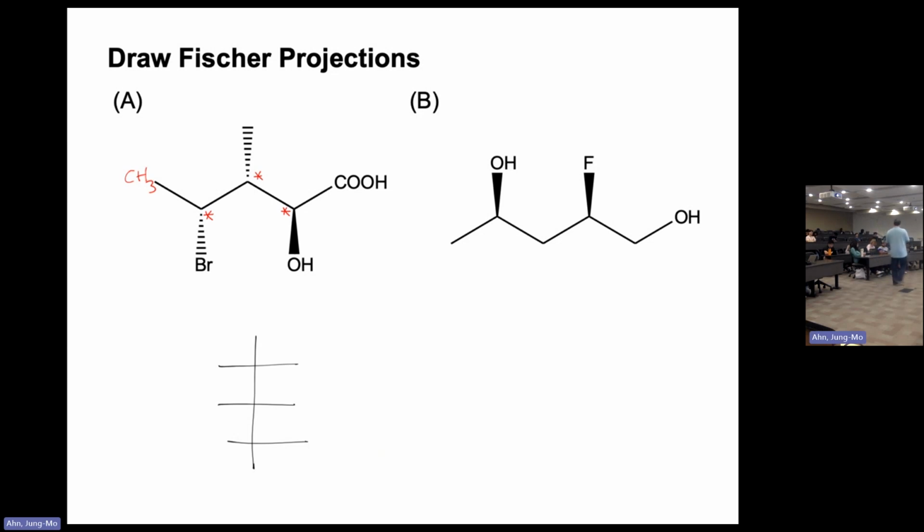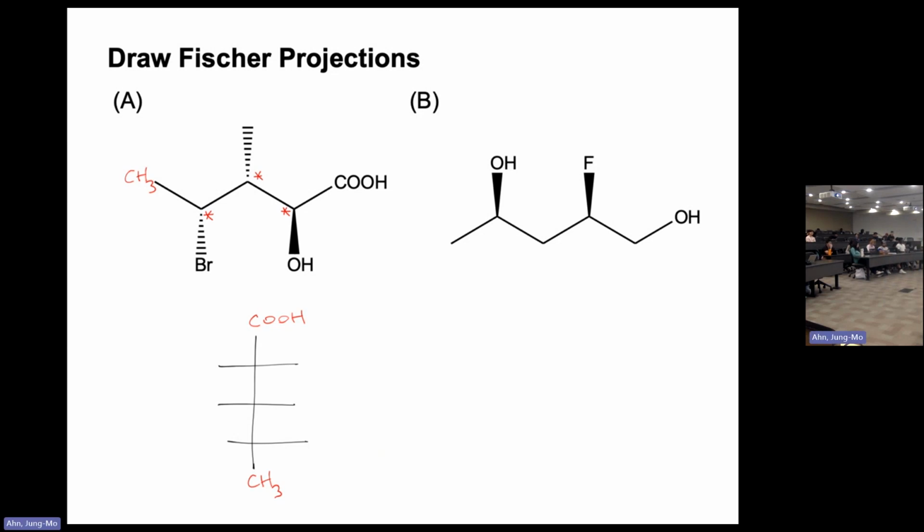More oxidized means having more oxygens on it, right? So carboxylic acids are more oxidized. So we typically put the carboxylic acid, the more oxidized one, on top, and then this one goes down. Then you have to find out what goes where on each horizontal line. That is what it becomes.